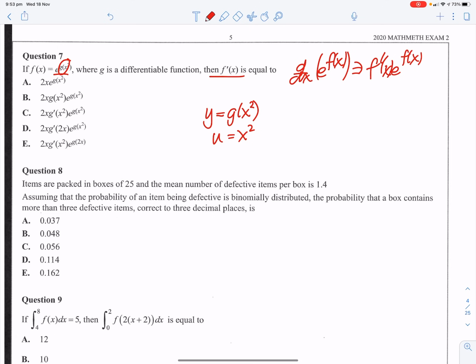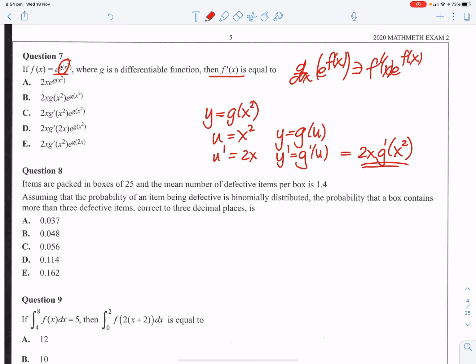U is the inner function. We want g of u. Y is g of u. U dash is 2x. Y dash is g dash of u. If we multiply them, we get 2x g dash of x squared. So we know that's our derivative.